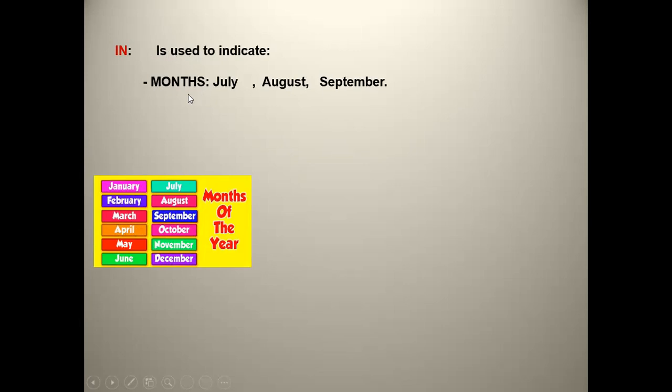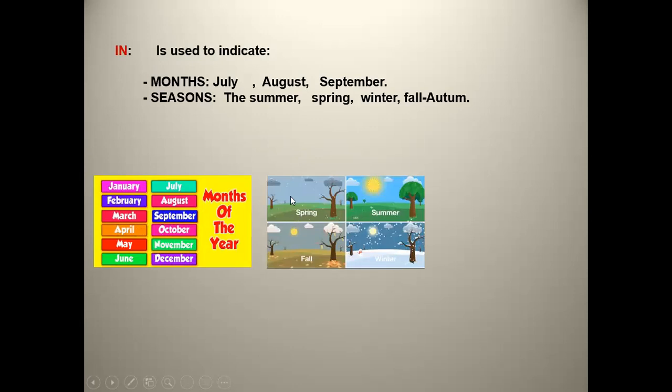In is used to indicate months. Seasons, like the summer, the spring, the winter, the fall or autumn. We say in the summer, in the spring, in winter, in the fall, in autumn. We use in to name seasons, to say the seasons of the year.